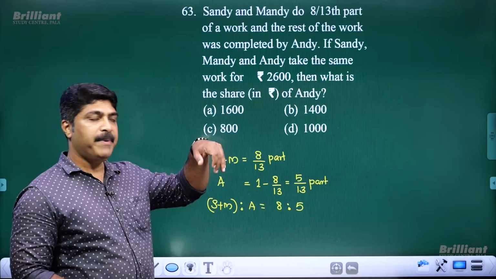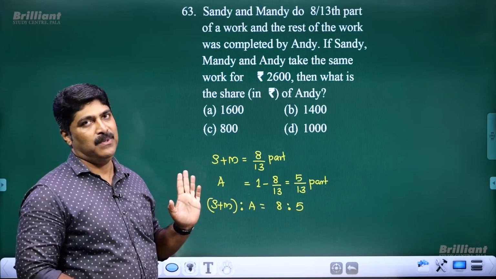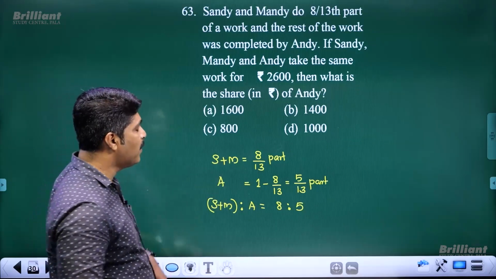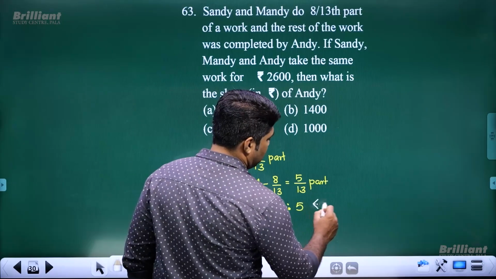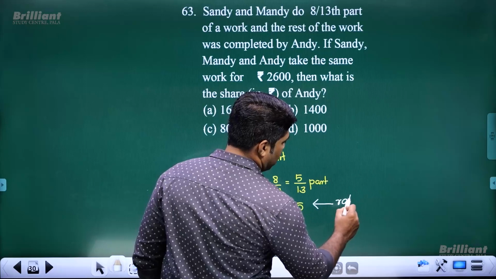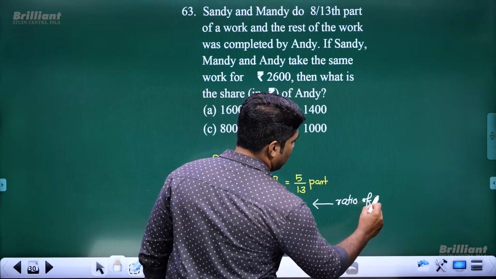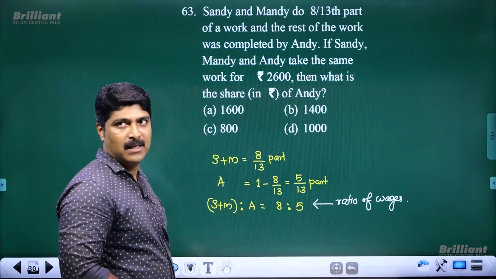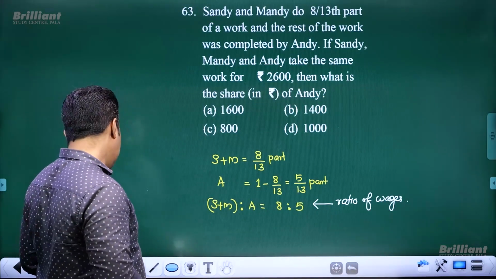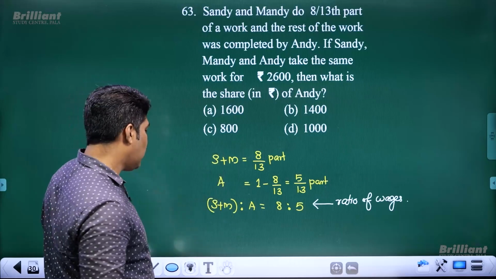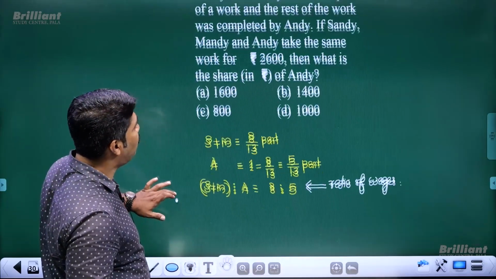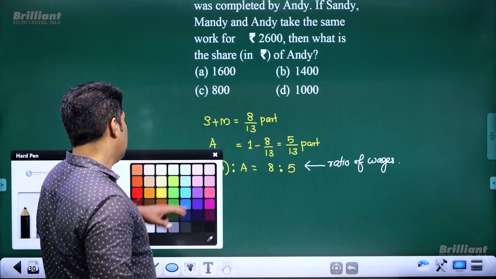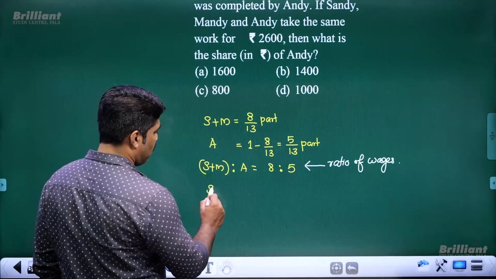This wage should be distributed as per this ratio. So this is the same as the ratio of their wages. If it is the ratio of their wages, how can we find the wage for Auntie? We have to find out the share of Auntie.